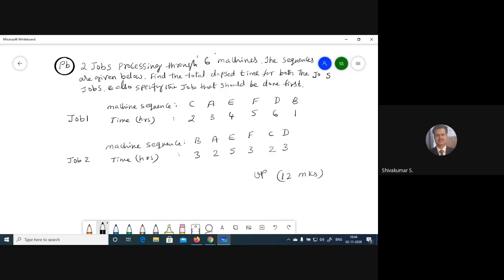Machine sequence given for job 2, that is B, A, E, F, C, D, and the job 2 times, that is 3, 2, 5, 3, 2, 3. So these are the things given. Simple problem. Okay. So you have to plot the graph now.